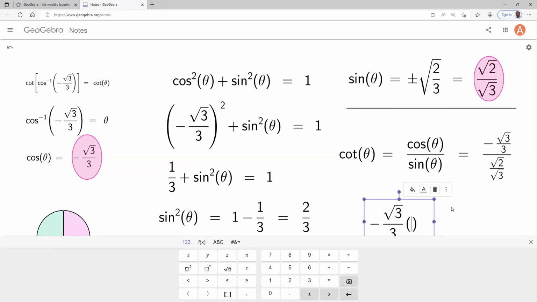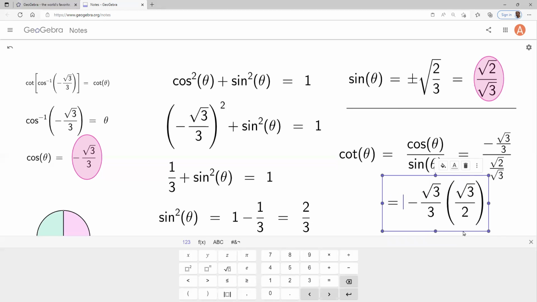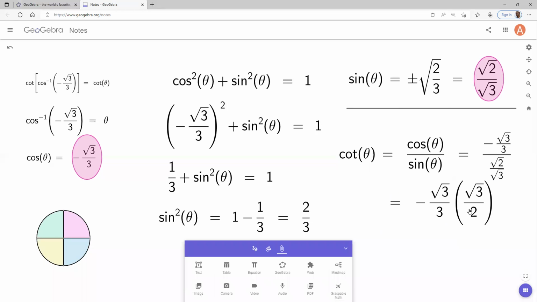I have to flip the second fraction: square root of 2 divided by square root of 3. I'm going to write square root of 3 divided by square root of 2. Now what happens? Square root of 3 times square root of 3 is 3, and this 3, they cancel.